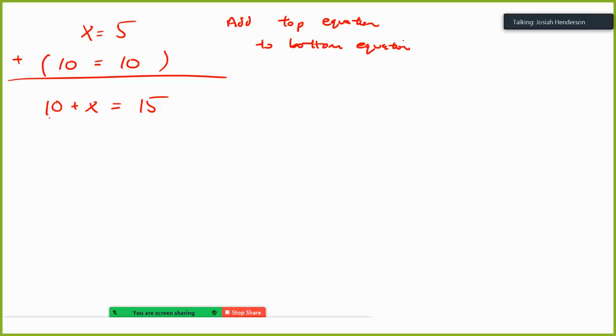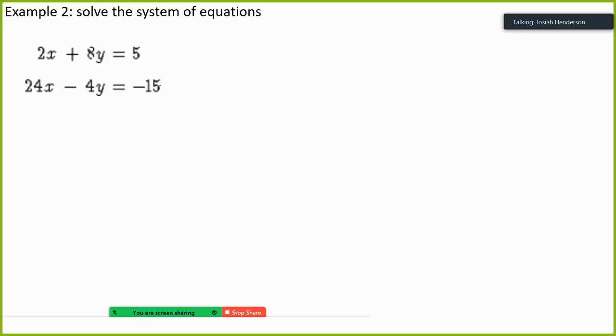We can't combine 10 plus x because they're not like terms. However, we did combine 5 plus 10 because those are like terms, and it gave us the 15. We're going to do this with our systems of equations. We're going to add together the whole two equations to each other, but for a purpose.